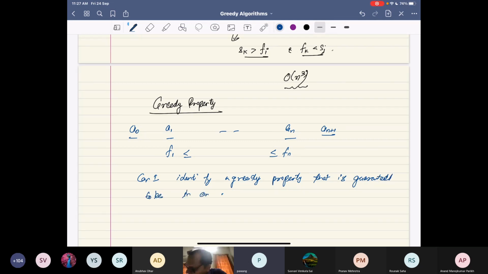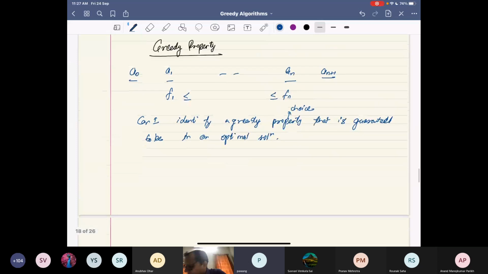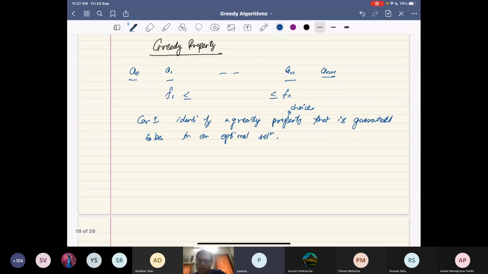A greedy choice that is guaranteed to be in an optimal solution. So now let's think in terms of greedy. Tell me, what is a greedy choice that I can take? So choose this activity with this property. So let's define some greedy choices. Greedy choice 1.